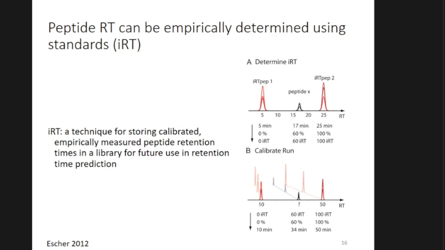If you have multiple IRT peptides, you can narrow down that percentage even better. So if I had another IRT peptide even farther out in my retention time dimension than this 25 value, and another unknown there, now I can pinpoint that even further.